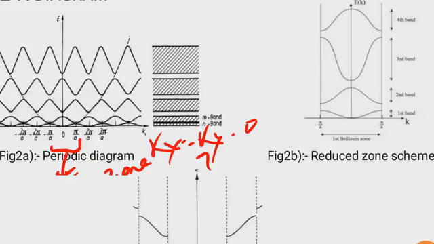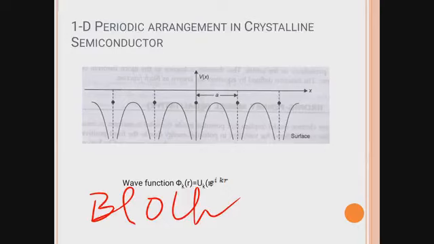But in a solid, when a large number of electrons and atoms are present, it becomes extremely complicated to solve by the Schrödinger wave equation. So it is solved by Bloch's equation, which describes periodic functions using the wave equation I discussed in the previous slide: psi k of r is equal to u k of r e to the power i k r.